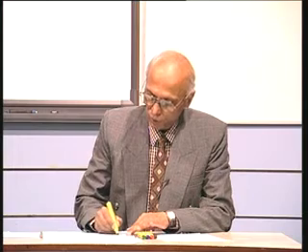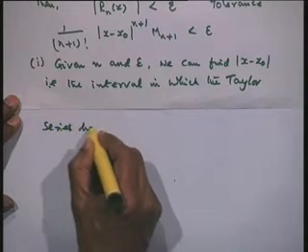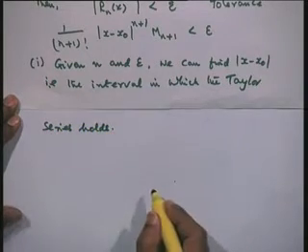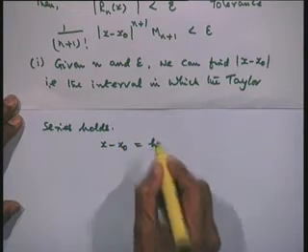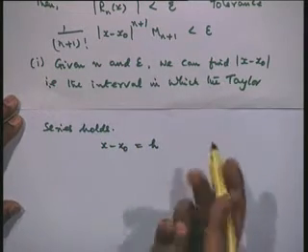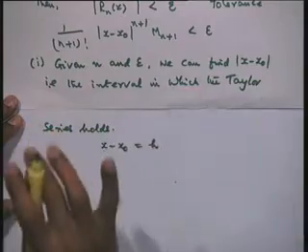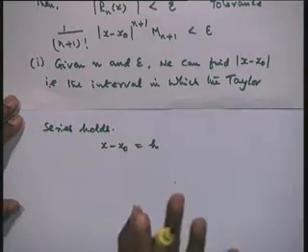If you represent x minus x naught as h, the distance h, it gives the maximum distance you can go from x naught so that the Taylor series is valid with this tolerance.